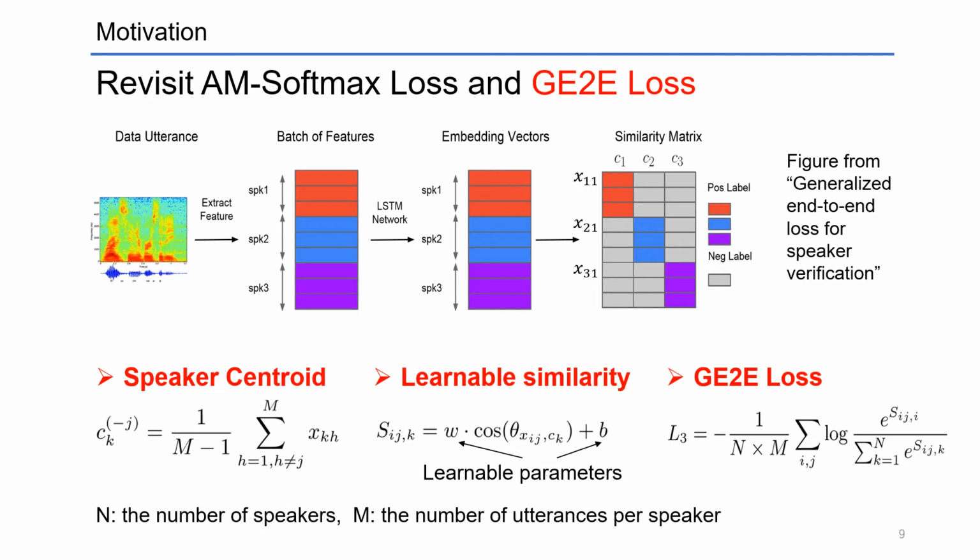During training, the loss function pushes the speaker embeddings to be close to their own centroid and to be far away from other centroids. This is the same as the clustering process.